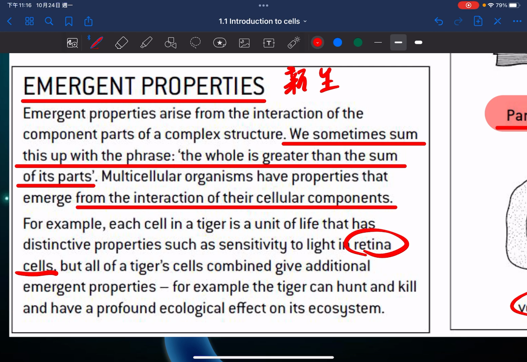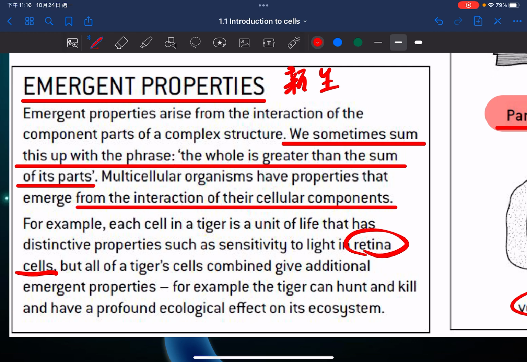The retina cells can sense the light. But all the tiger's cells combined give additional emergent properties. For example, the tiger can hunt and kill and have a profound ecological effect on its ecosystem.